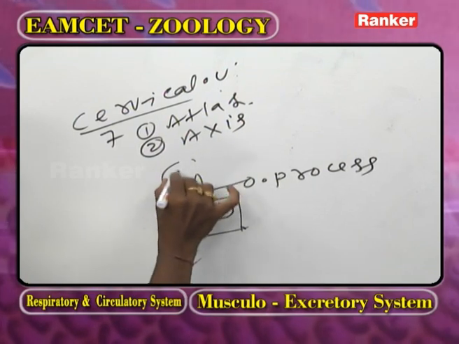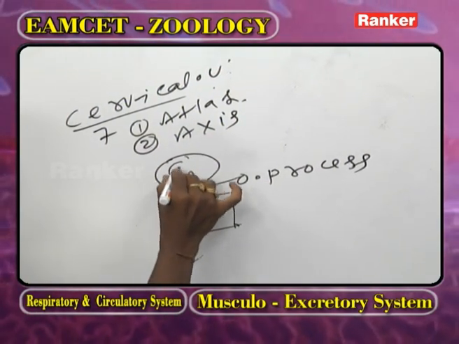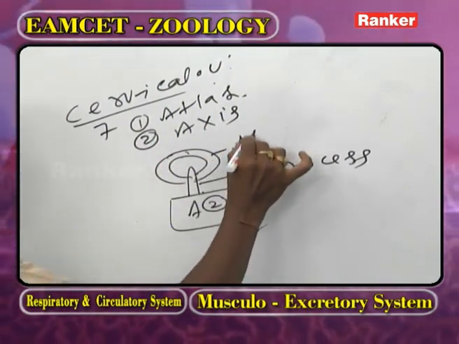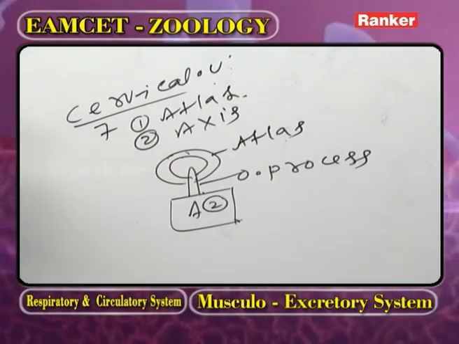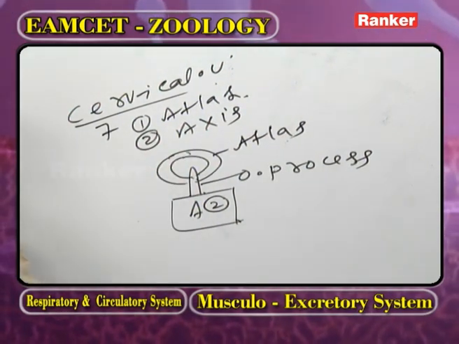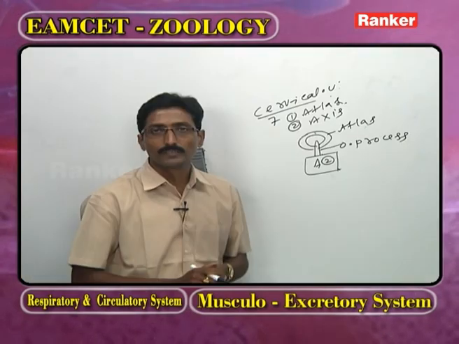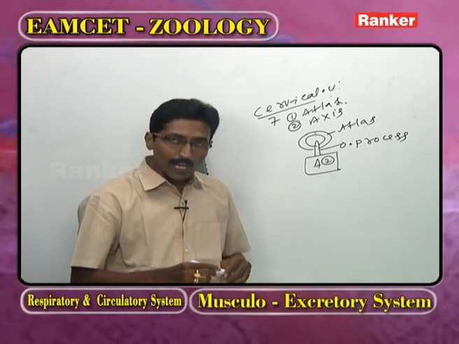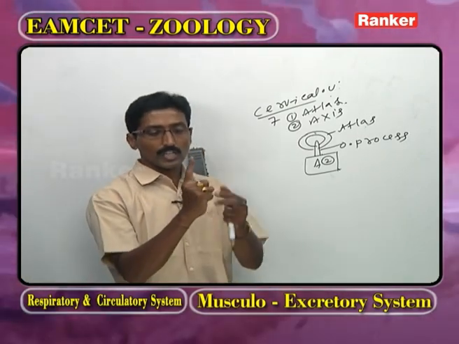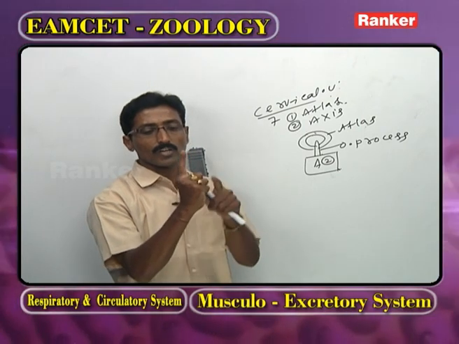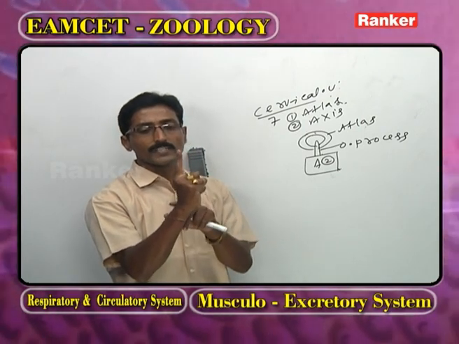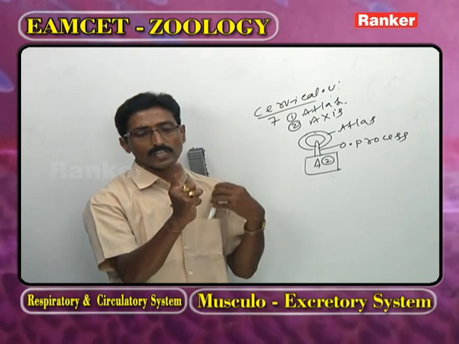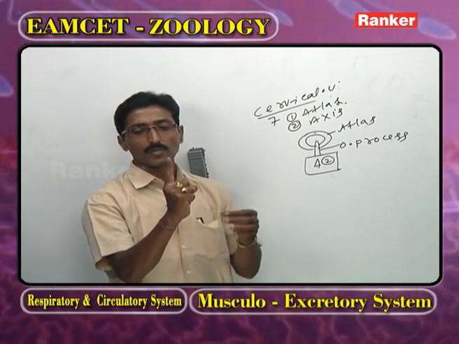Now this is the ring-like atlas. On the atlas, what is present? The head. Now this one we call the axis, and this is the odontoid process.